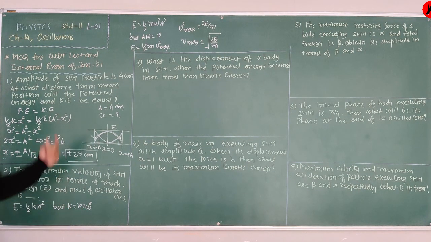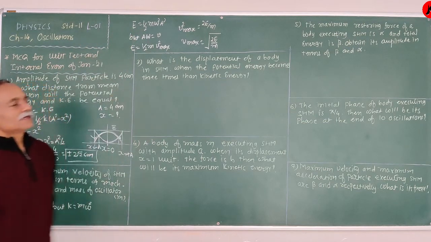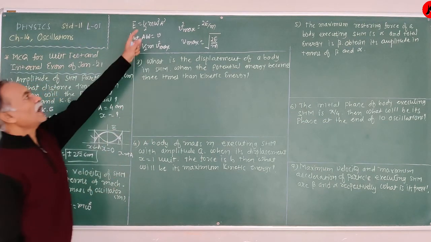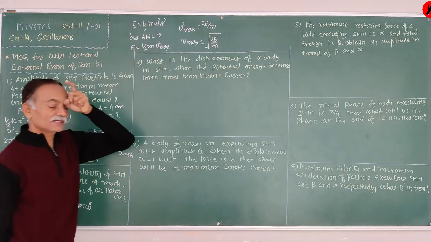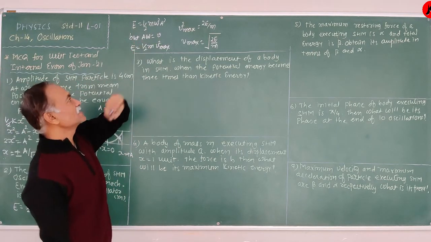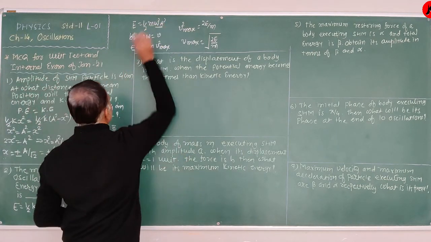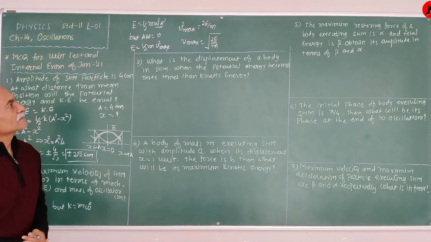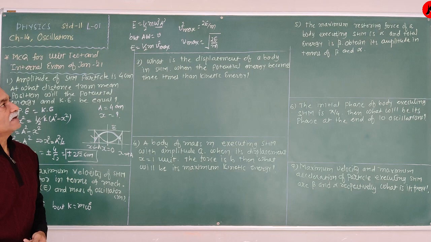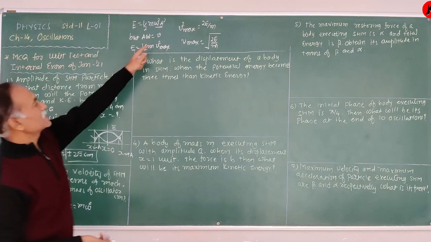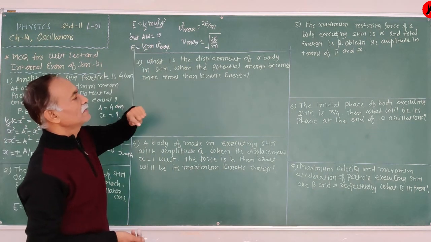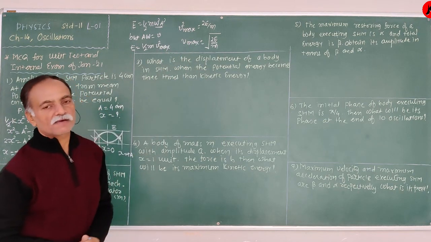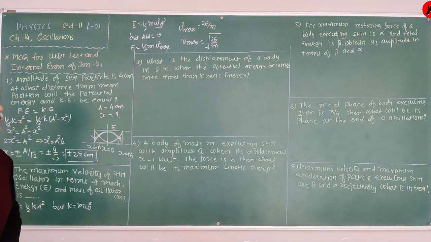Substituting, total energy is equal to half m omega square into a square. But a omega is equal to v, so E is equal to half m v square maximum. Therefore, v square maximum is equal to 2E upon m, and v maximum is equal to under root of 2E upon m.